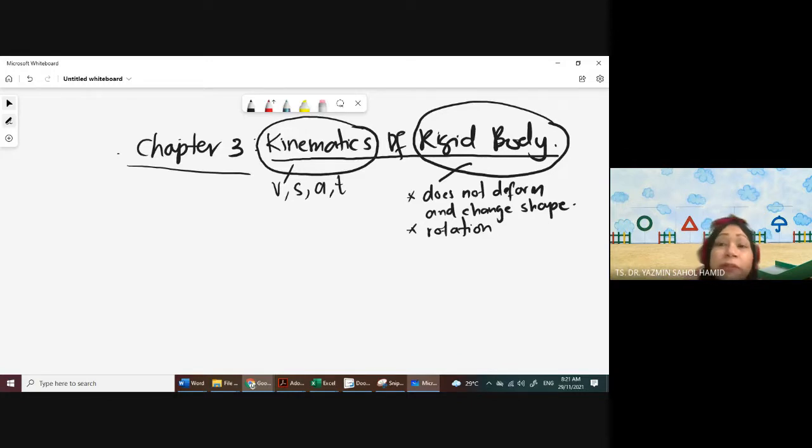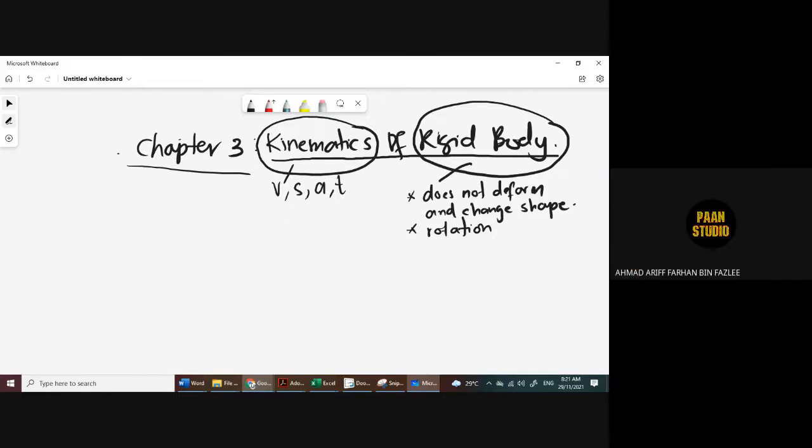That is the difference between the particles that you learned previously and a rigid body. So when we talk about a rigid body, we understand that rotation is involved and it has moments. Are you okay, guys? Maybe when we start doing examples, you can understand better.